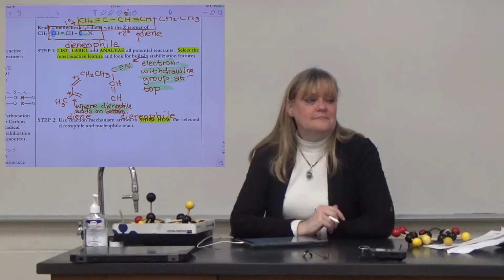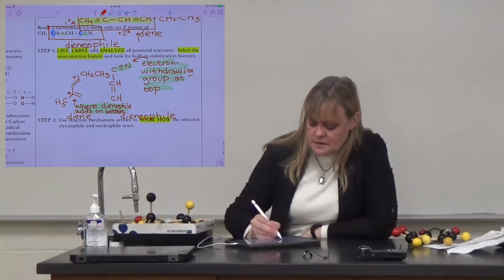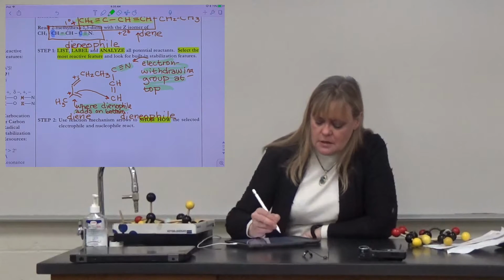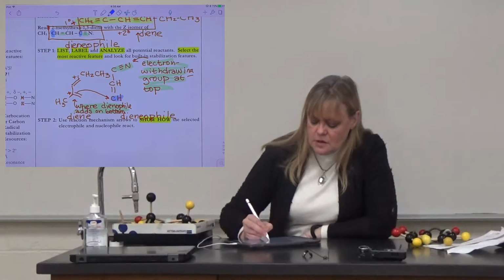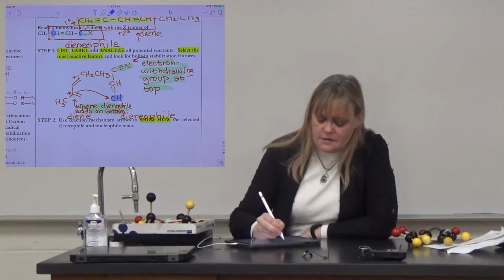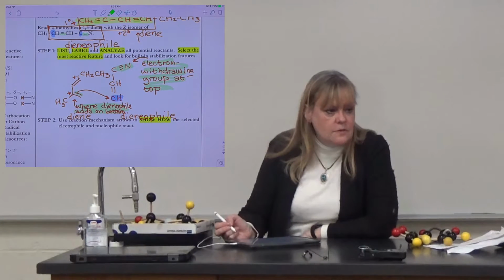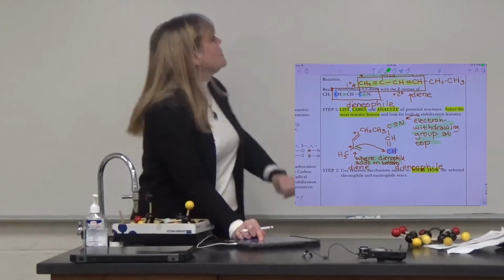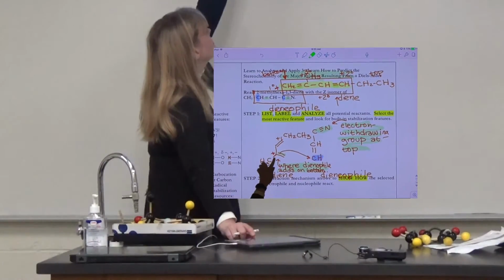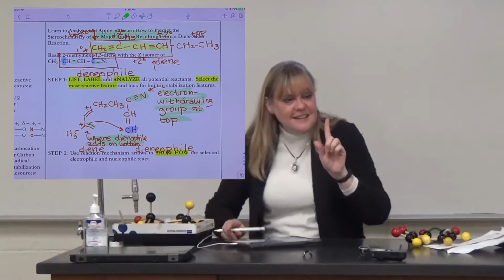Once you've got it in this arrangement, then this is your electron deficient carbon. So the pi bond opens up to react with that, which means that you're going to create a carbocation on this tertiary carbon. But you can resonate.